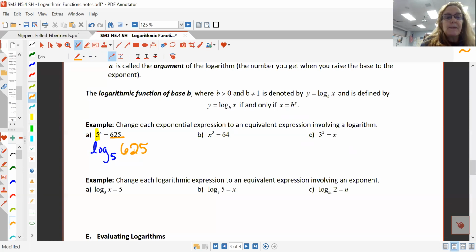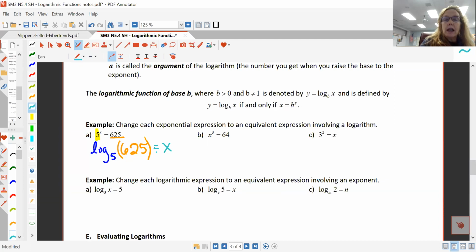So log base 5 of 625, because I could put parentheses on there. Log base 5 is the math operation that I'm doing. It's like saying I'm taking the 5th power, only I'm taking the 5th log. So log base 5 is my math operation, 625 is what I'm operating on, and then my answer is X.